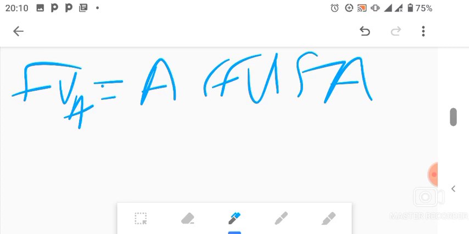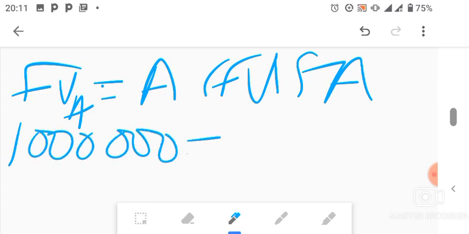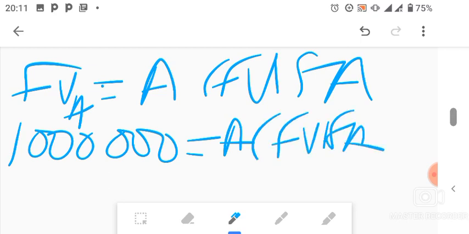So that's that part. And then now, what have you been given? You want to gain 1 million at the end. So you've been given a certain future amount of what? 1 million. So you write the whole 1 million here should be equal to the A, which is not known, multiplied by that FVIFA. What rate are you using? 8%. Time period, 20 years.